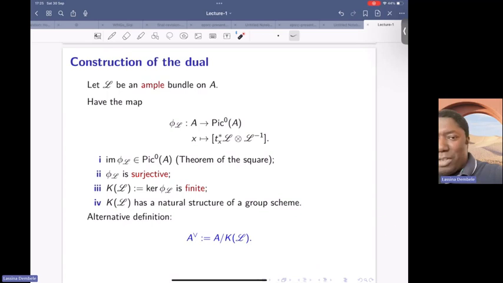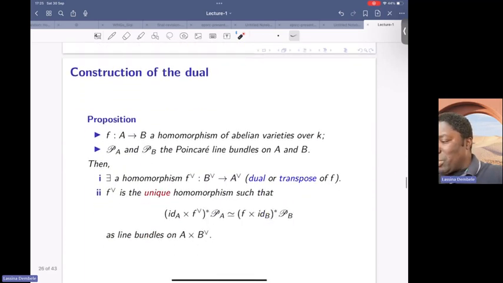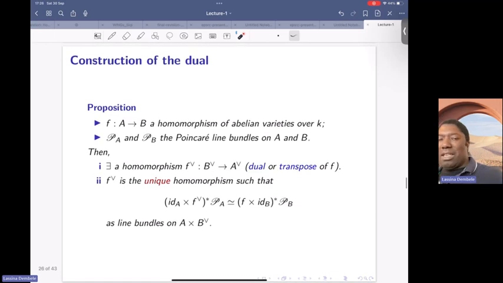And one of the main reasons why this abelian variety is so useful is the following proposition, in that it allows us to define what we call the dual or the transpose of an isogeny. And it's the content of the following proposition. So you give yourself a homomorphism of abelian varieties, or simply an isogeny if you prefer.